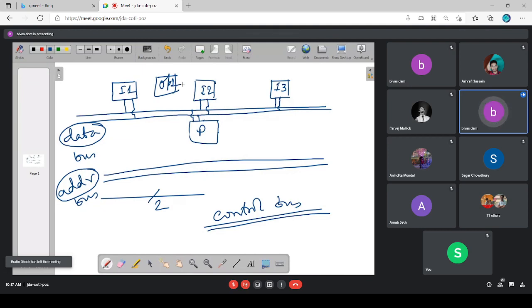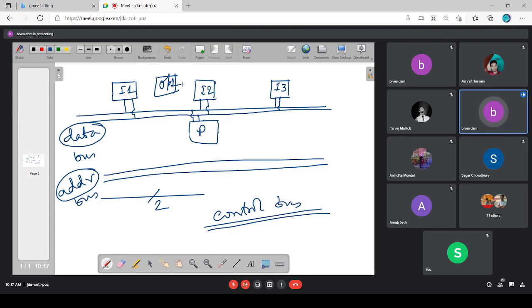So the processor needs to send one read signal to the input device and one write signal to the output device. That read signal and write signal basically distinguish between the input device and the output device.